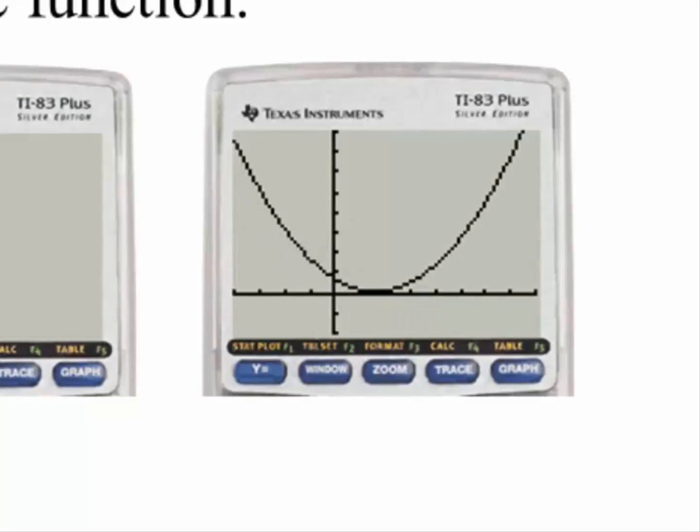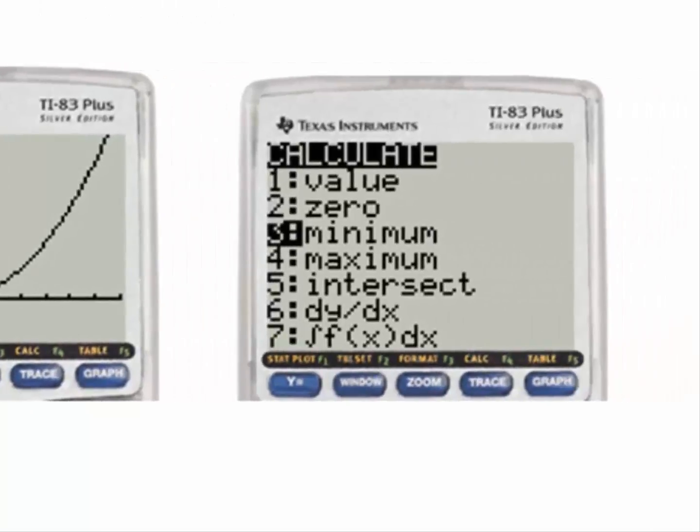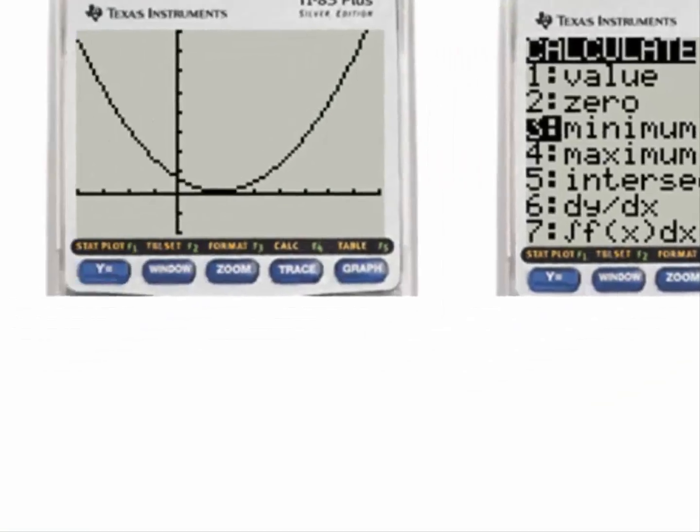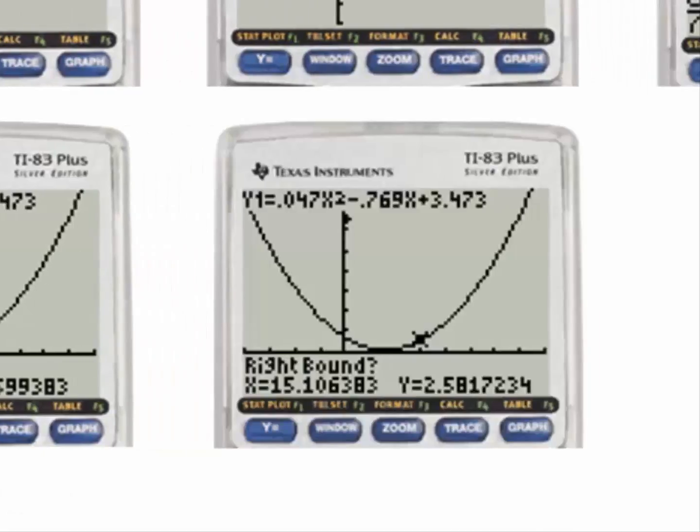If we want to verify the vertex, we can hit second and calculate, select minimum, number 3. Then we select a lower bound, so that's a point to the left of the minimum. Hit enter.